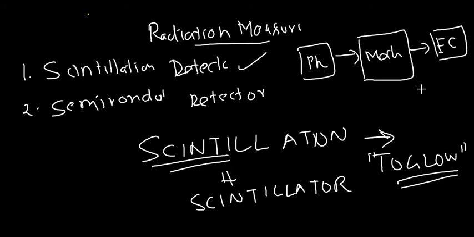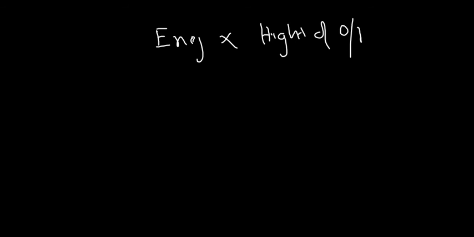If you remember, we said there are two factors in these types of detectors. The first factor is the energy. The energy should be proportional to the height of the output pulse. This is the first requirement we have given. The second requirement is how many radionuclides, how many atoms are present.